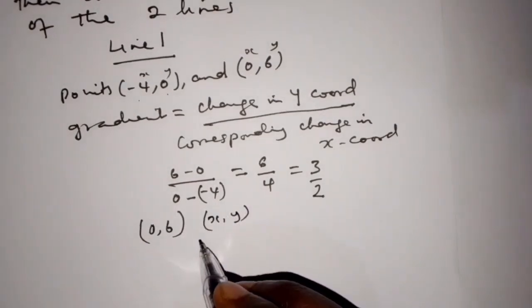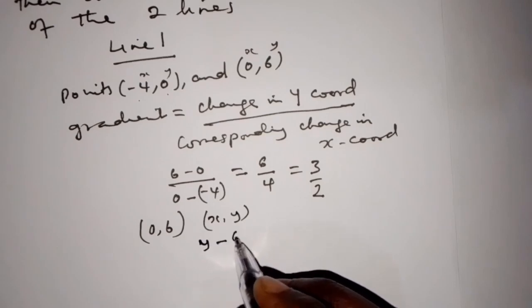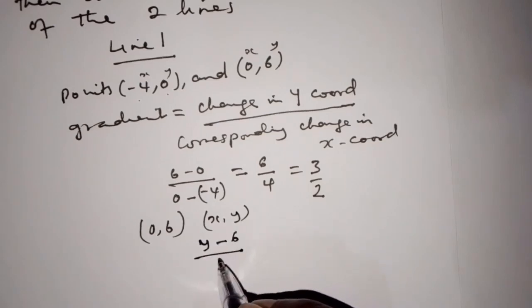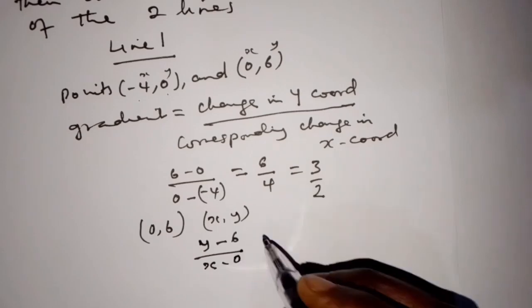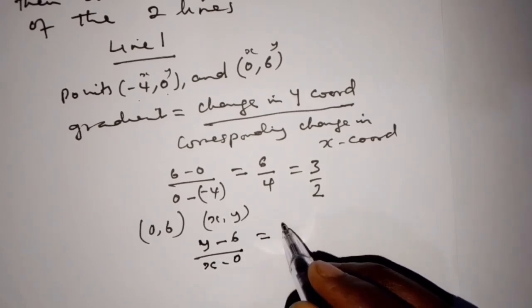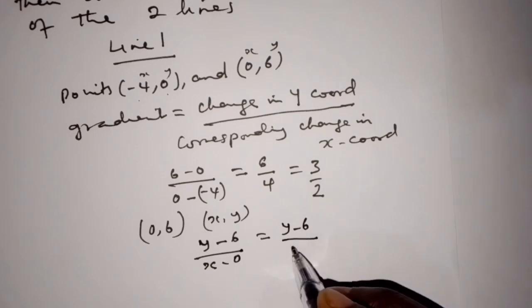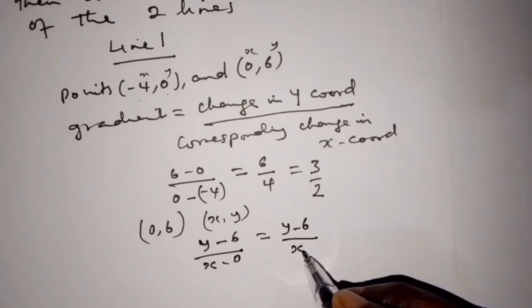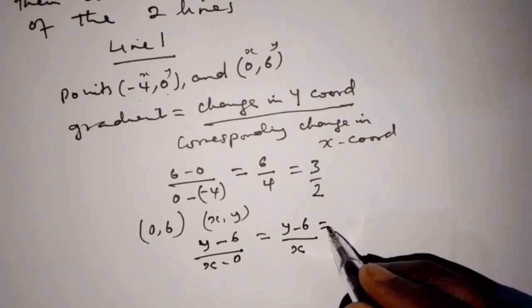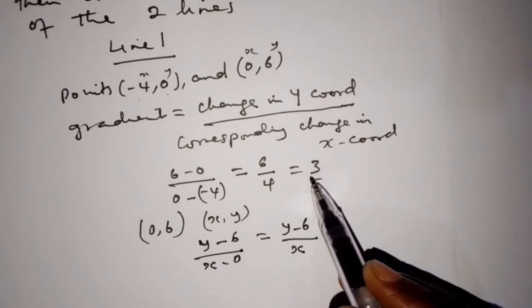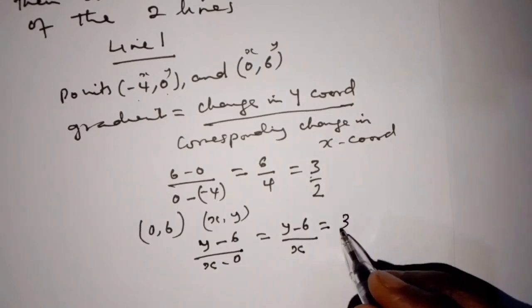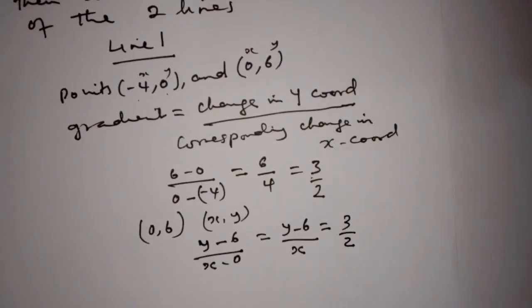It is given by y minus 6 over x minus 0, which is giving us y minus 6 over x. This is equal to the gradient that we have found already, 3 over 2.